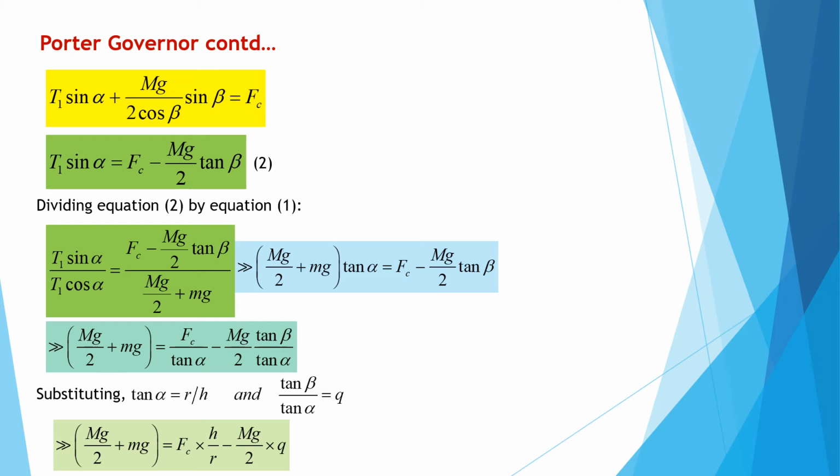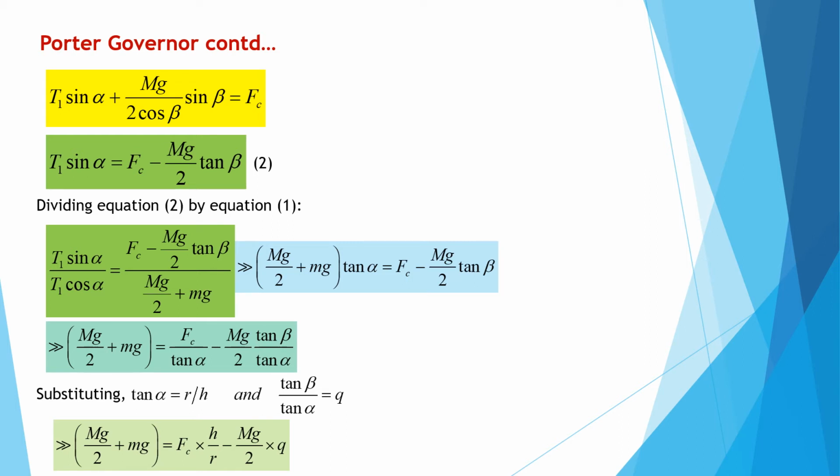By dividing equation 2 by equation 1, we get tan alpha is equal to centrifugal force minus capital M into g by 2 into tan beta, divided by capital M into g divided by 2 plus small m into g.